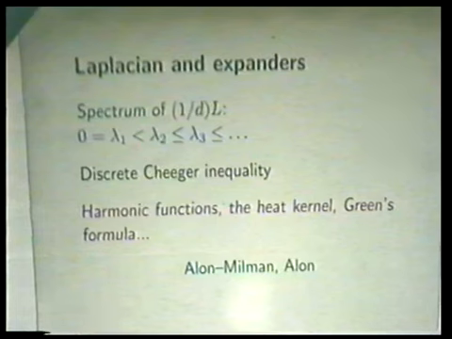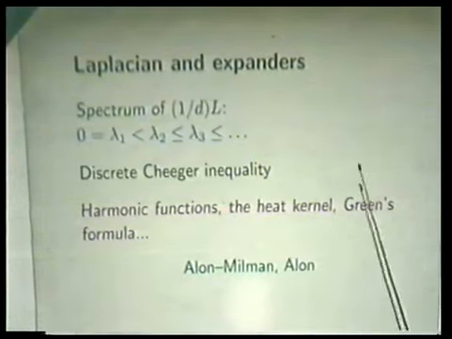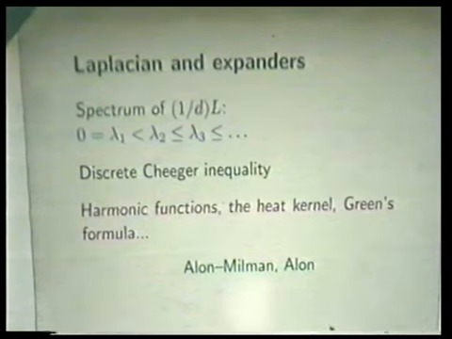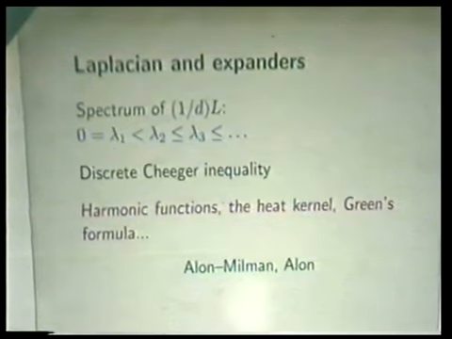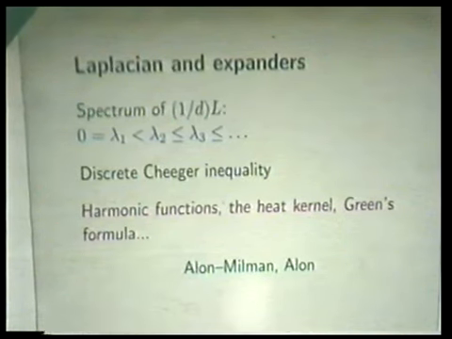Let me just mention that it turns out that you can extend a lot of things to graphs. Harmonic functions can be defined in a natural way. The heat kernel can be defined. Green's formula can be proved, and so on. It's already a little bit surprising that if we think of a general graph as a kind of generalization of a manifold, you lose all structure.